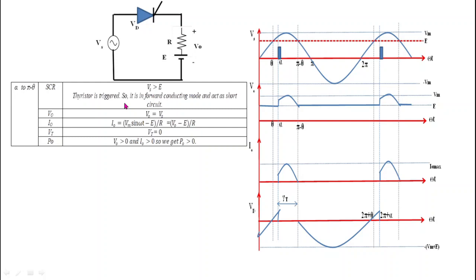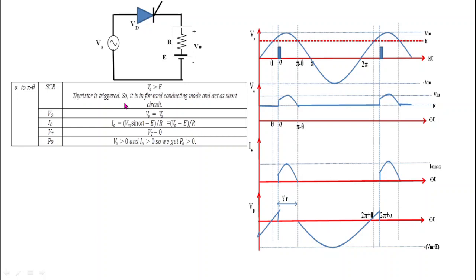That means gate current is applied to the gate terminal of the thyristor. So both the conditions required to turn on the thyristor are satisfied. That's why the thyristor starts conducting and goes into forward conducting mode.